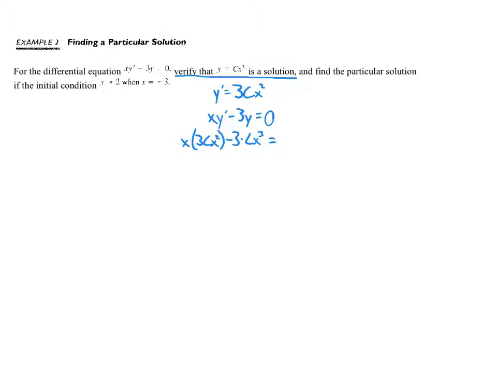So that's 3cx cubed minus 3cx cubed, which does equal 0. And now we can put the little check mark next to it that we verified this is a solution.